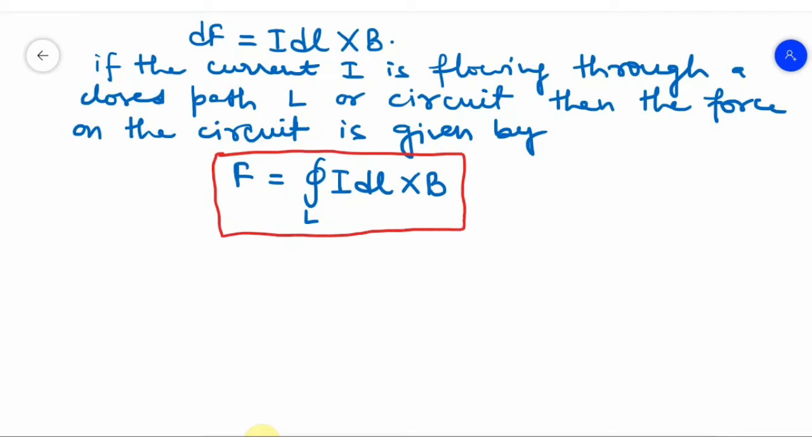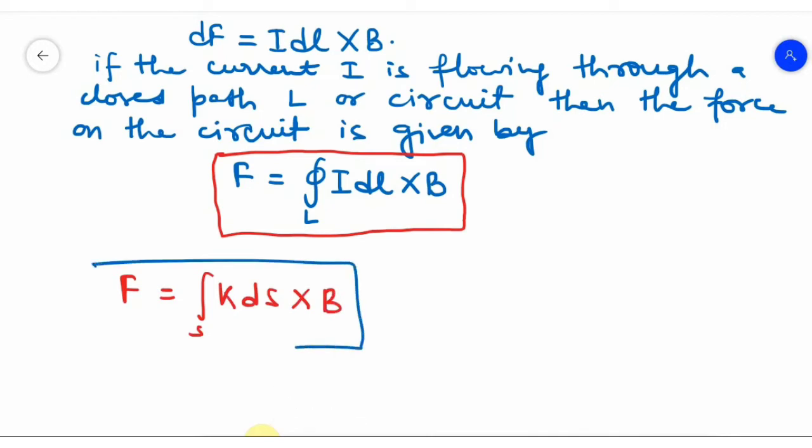And for the surface current, similarly, F equals the closed surface integral of K ds cross B, where IDL is replaced by K ds for the surface. So this is for the surface current element.